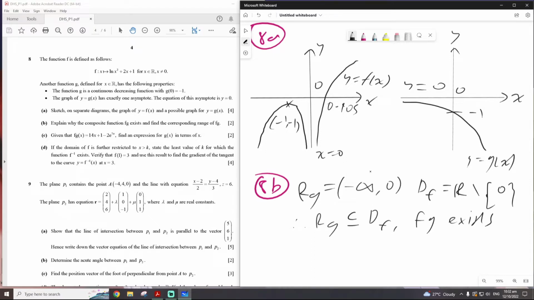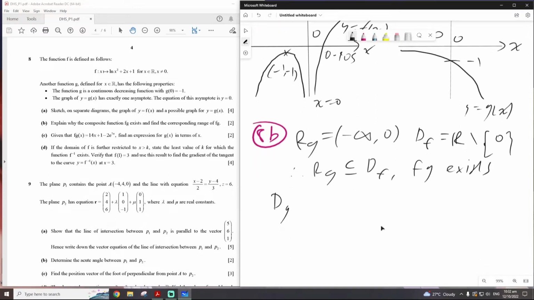What is the range of fg? You start from the domain of g, and use the range of g as a restricted domain of f essentially. So the domain of g is all real numbers. You apply g, you get the range of g, which is negative infinity to 0, and then you apply f from here.